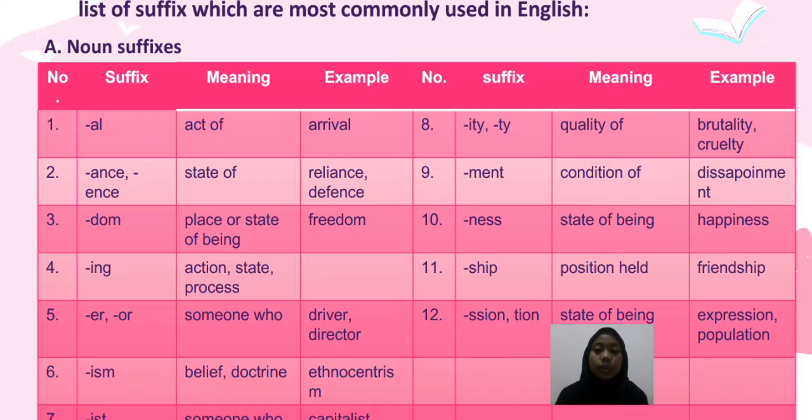Okay, first I will explain about noun suffixes. Noun suffixes change the word class of a word into a noun by adding a suffix to the word. So, noun suffix is a change of a word's class into a noun by adding a suffix to that word. And you can see suffixes, their meanings, and examples in this table, guys.